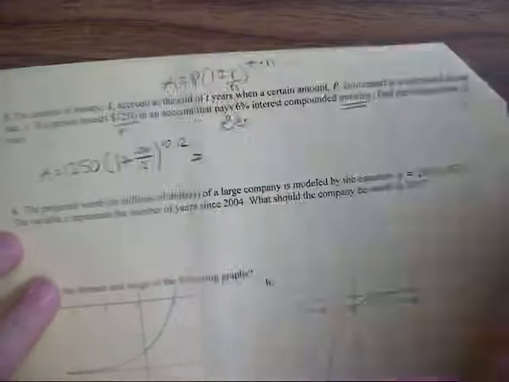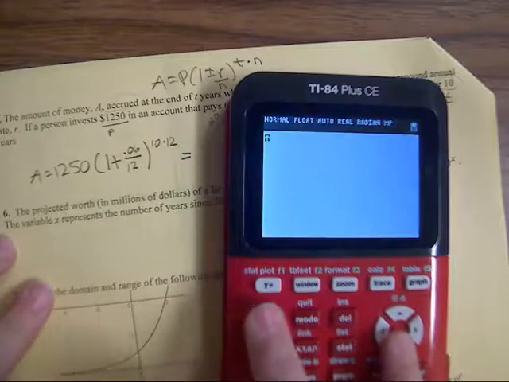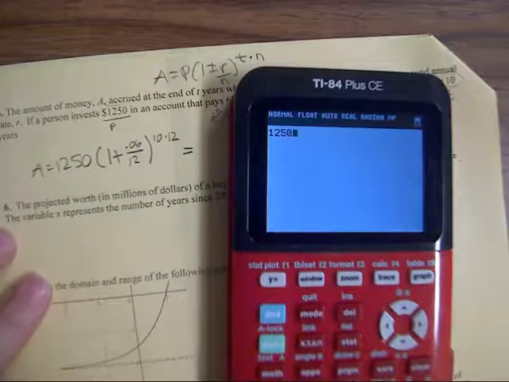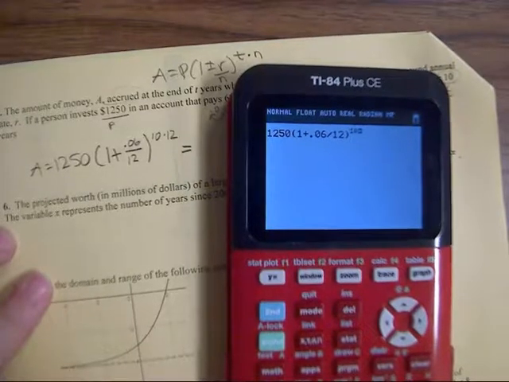Well, we're going to use our calculator. All right, so 1,250, we're going to type in exactly as you see it. 1 plus 0.06 divided by 12 raised to the 10 times 12.